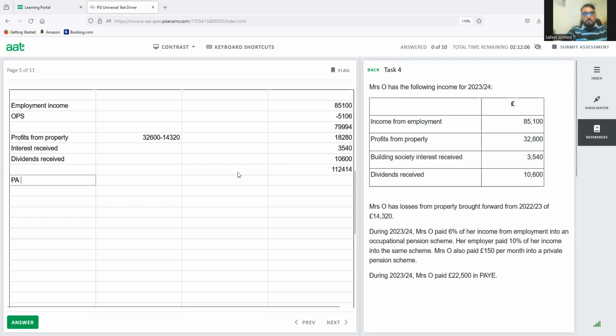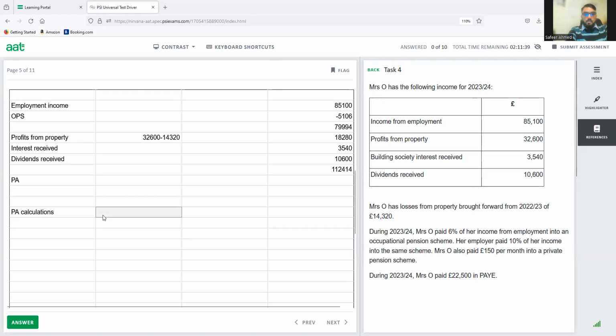As you can see, this amount is between 100K and 125,140. So what does that mean? That means this person will receive a reduced personal allowance, so we will need to calculate that. Perhaps we can calculate somewhere here. So I can write here personal allowance calculations.